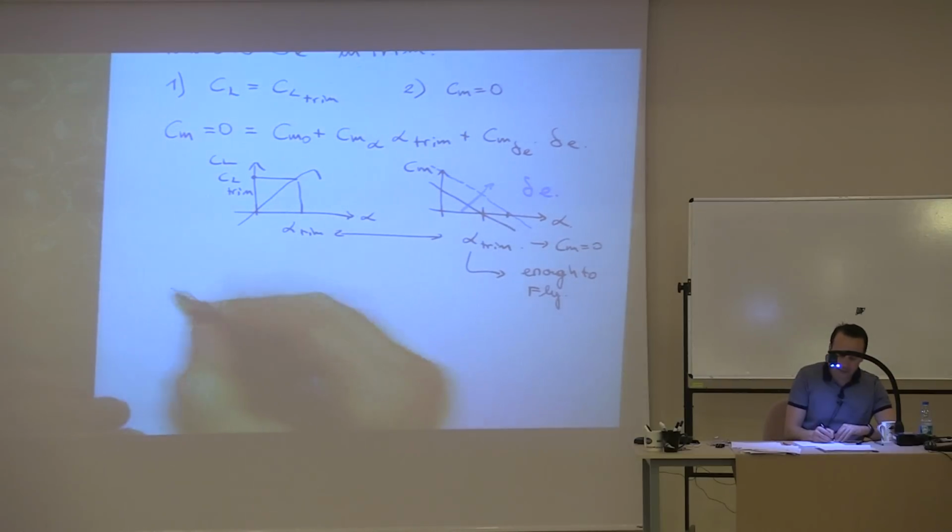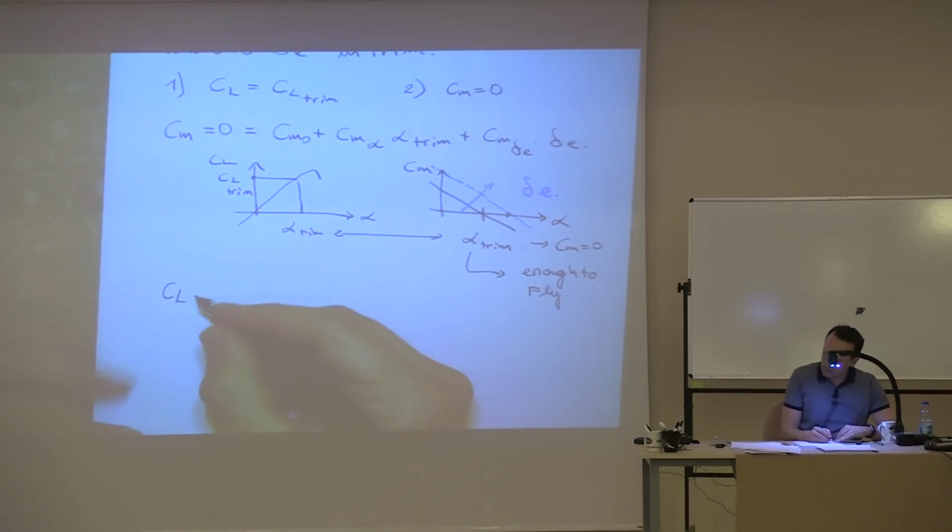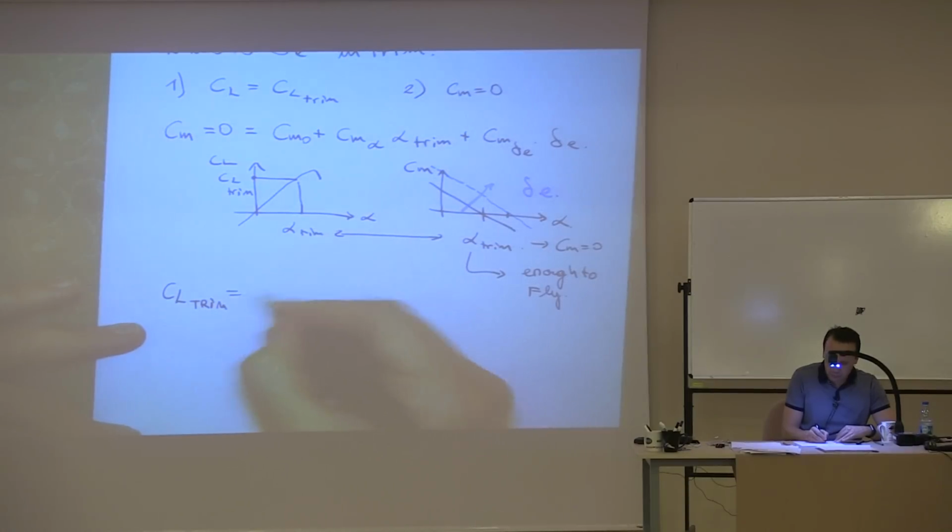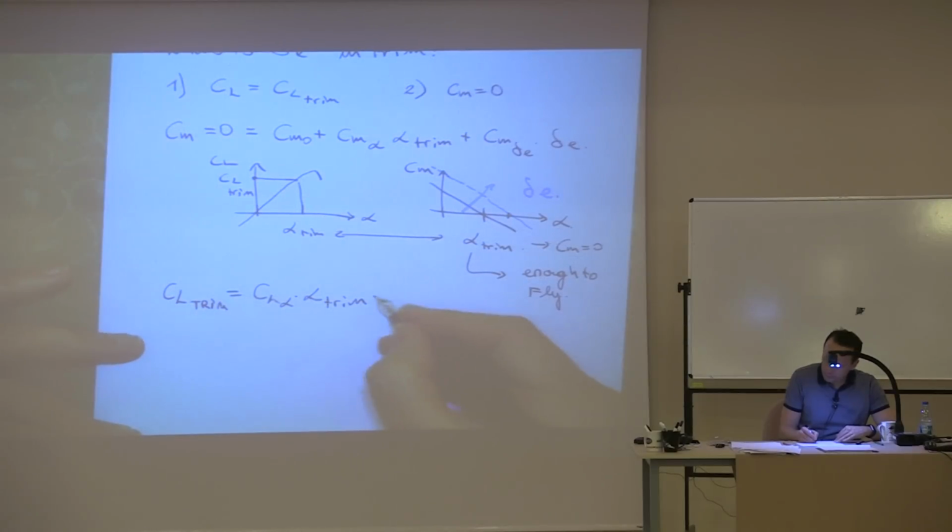And we can also write the lift equation. CL trim, like over here, is equal to CL alpha times alpha trim plus CL del E times del E trim.